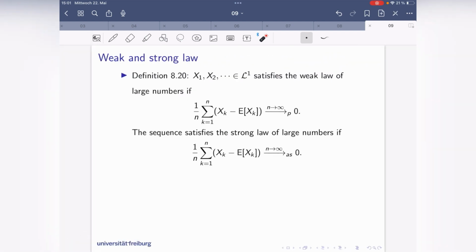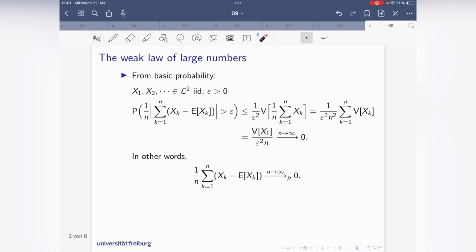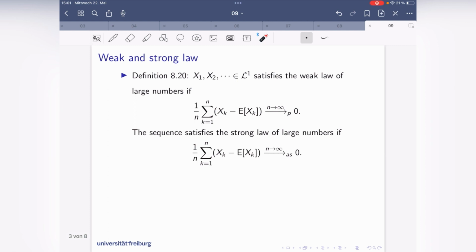You might ask, well, if they are not in L2, but only in L1, that means they have an expectation. You could still formulate this here, because for the formulation, you only need the expectation. Only in the proof here we needed the variance, otherwise the proof doesn't work. So you can still formulate it and ask, does this hold if they only have first moments and not second moments?